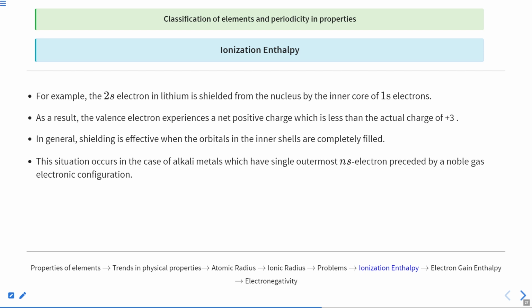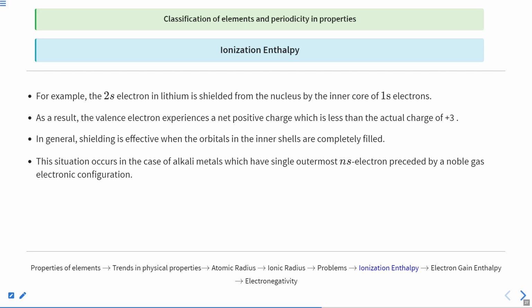The shielding is effective when the orbitals in the inner shells are completely filled, because without electrons there is no existence of orbital, and if there is greater density of electrons present in the inner core, the outer electron will experience more shielding. Clear? Now this situation occurs in the case of alkali metals, which have a single outermost ns electron outside a noble gas electronic configuration.